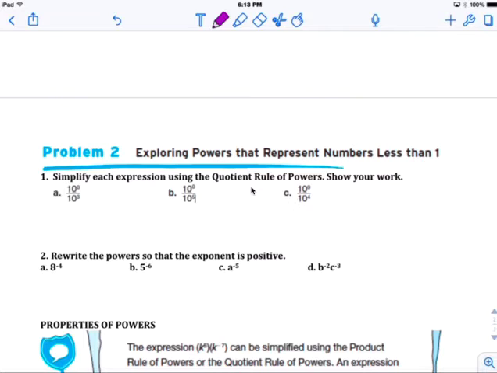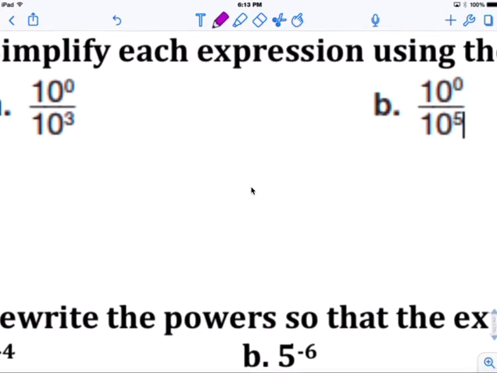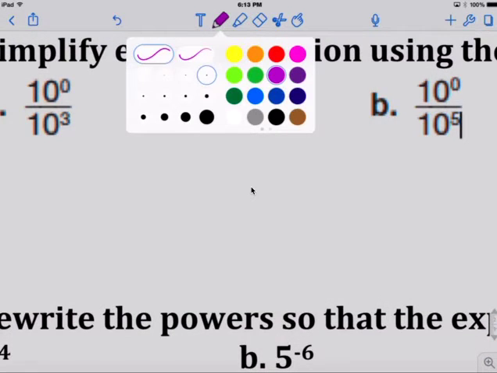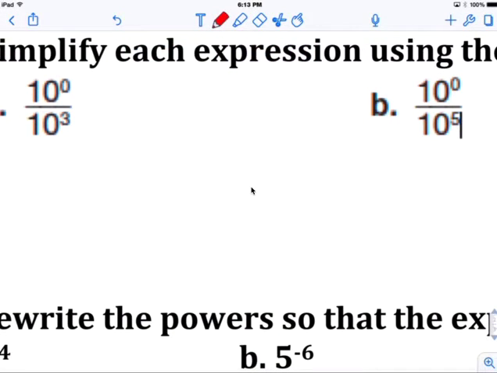exploring powers that represent numbers less than 1. Simplify each expression using the quotient rule of power. Show your work. Okay. I would eliminate the smaller one, make that a 1. 0.